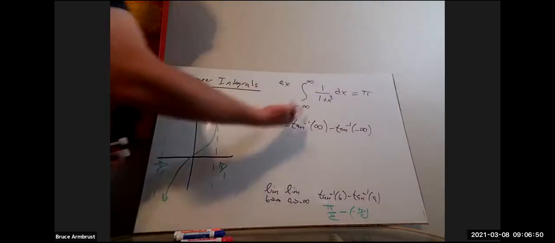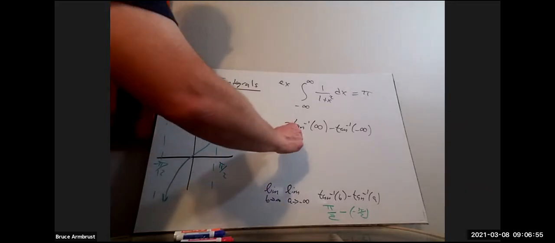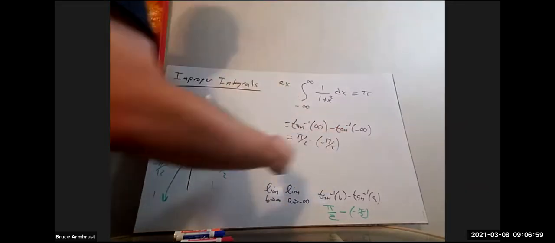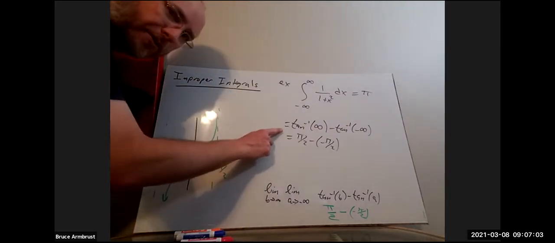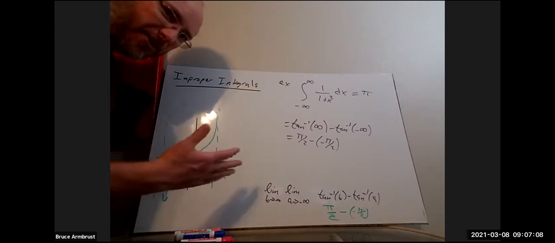Same kind of idea. I'm just plugging in the bounds. And then I go, oh, okay, so this is what gives me a pi over 2 minus the negative pi over 2. So I'm going to be lazy. This is totally Bruce laziness coming out. I don't want to write out the limit. It's too much stuff.